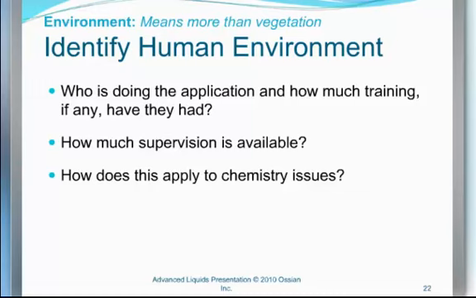how many people are doing the application, how much training they've had, how much supervision is available, how does that apply to the chemistry issues? Let's use this as an example to bring this home. If we're doing anti-icing, we're back to the calcium chloride versus what we call the idiot-proof product, the 80-10-10 mix, which is the salt brine, the sugar beet, and a small amount of calcium.